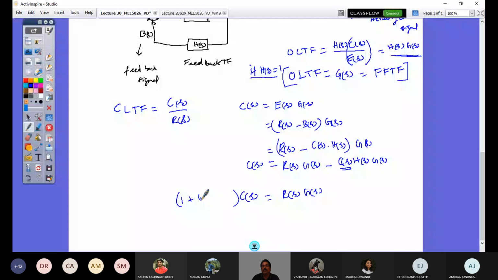That's going to be C of S by R of S. So from this, I would write that as G of S by 1 plus G of S into H of S.